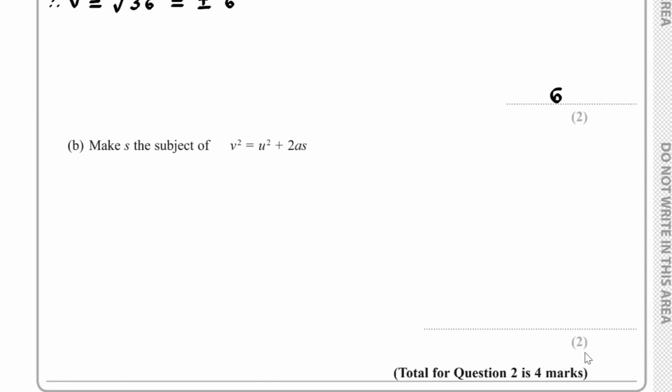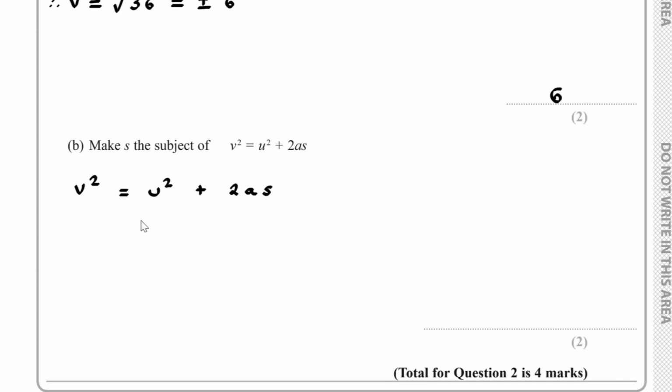And then for part B, we have to make s the subject of the formula v squared equals u squared plus 2as. Well, if we have our formula, v squared equals u squared plus 2as, the goal is to get s by itself.